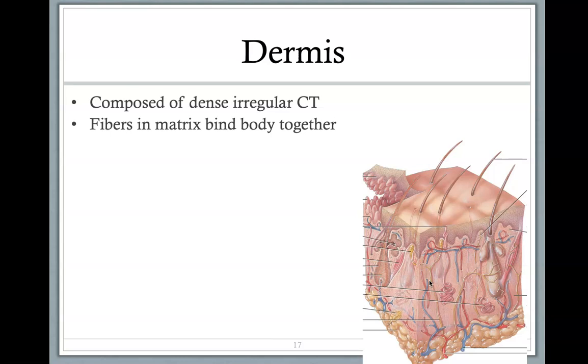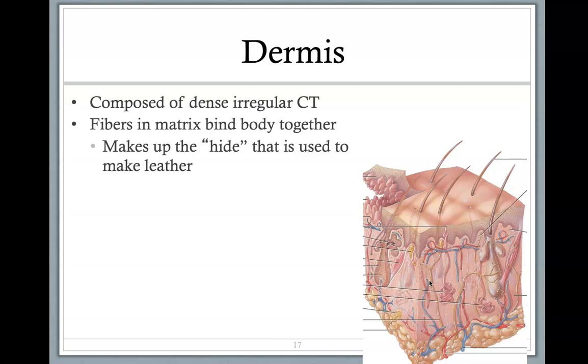Again, there are all kinds of fibers in the matrix that are going to help bind the body together. We're going to talk about some of these fibers and why they're important, the tough collagen fibers, but then we have these nice elastic fibers as well. The dermis, believe it or not, makes up the hide that's used to make leather.